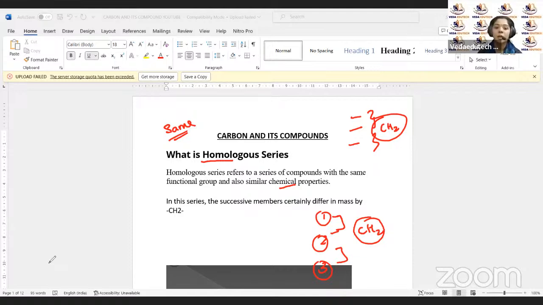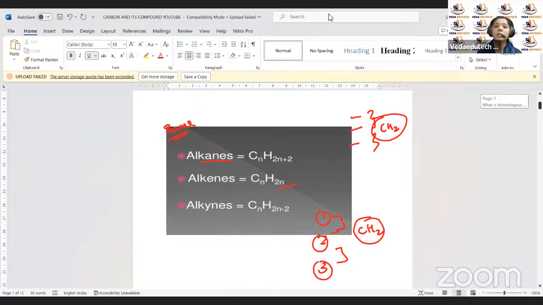Now, how do we calculate the difference between the members? We have a formula for the alkane, alkene, and alkyne. So in a homologous series, we have three types: alkane, alkene, as well as alkyne. These are the formulas for the respective ones.